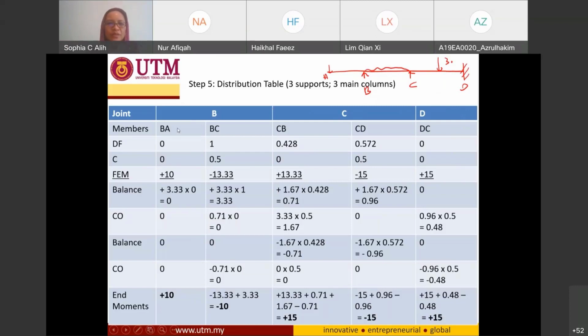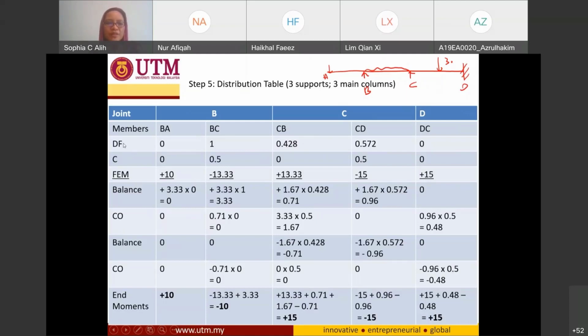For joint B, the members attached to it are member BA, this is where I put BA, and member BC, this is where I put BC. And for joint C, the members attached to it are member CB and member CD. So this is where CB and CD. And for joint D, there is only one member, that is member DC. So this is where we have DC.